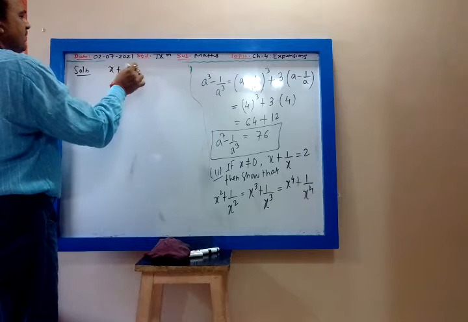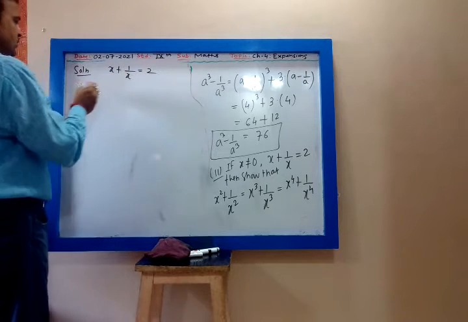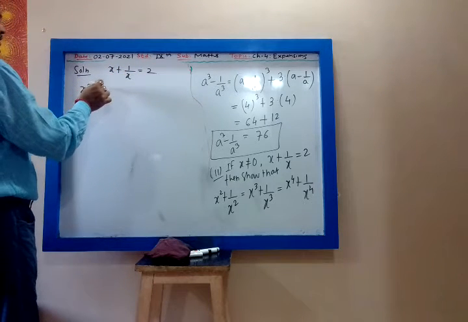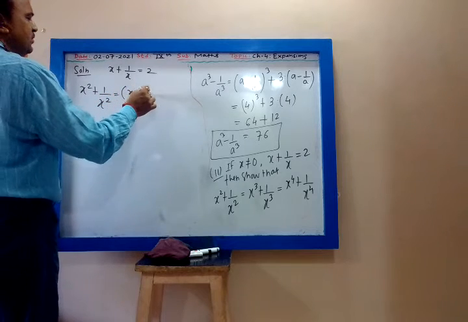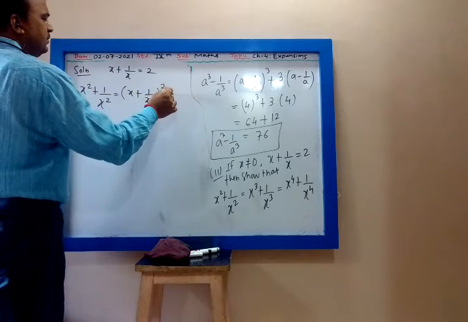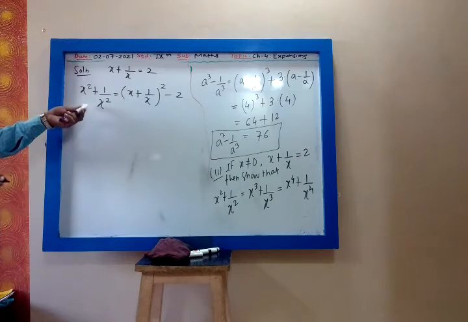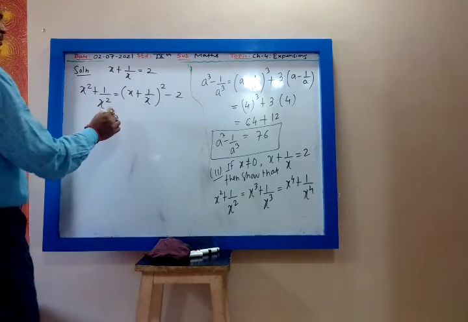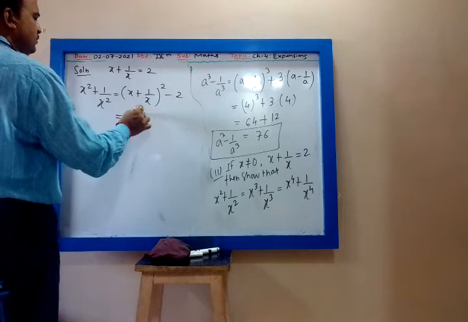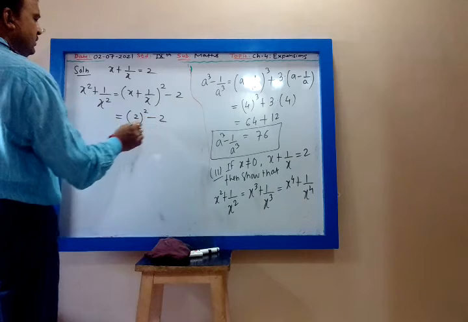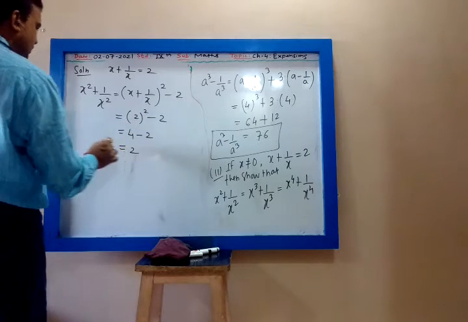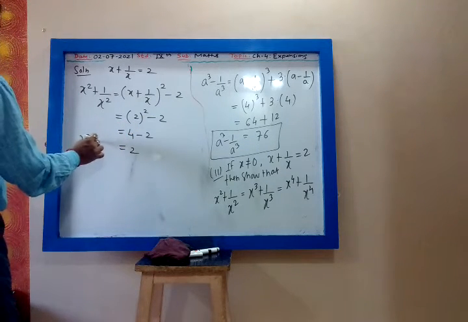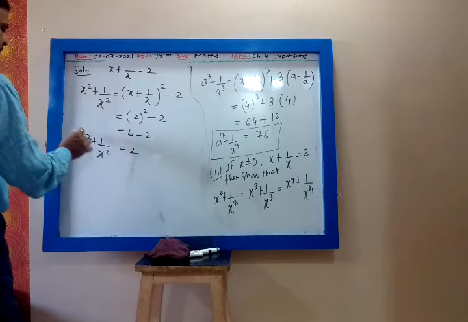To find x square plus 1 upon x square, I will use the direct formula: x plus 1 upon x whole square minus 2. x plus 1 upon x is 2, so that is 2 square minus 2, 4 minus 2. Answer is 2. So x square plus 1 upon x square is 2.